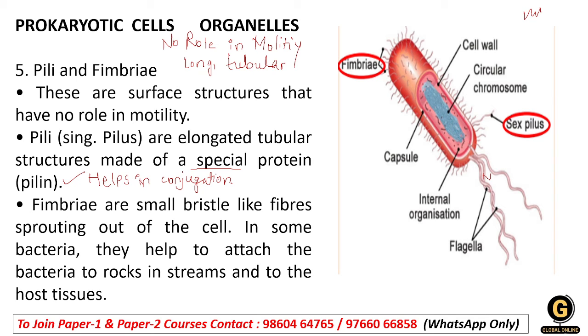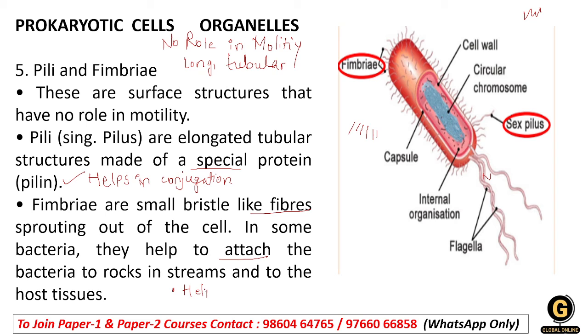Now, fimbriae are the small bristle-like fibers. You can see here, in our diagram we have drawn them like this, right? These are the small bristle-like fibers. They help in the attachment of the bacteria. So what is the function?